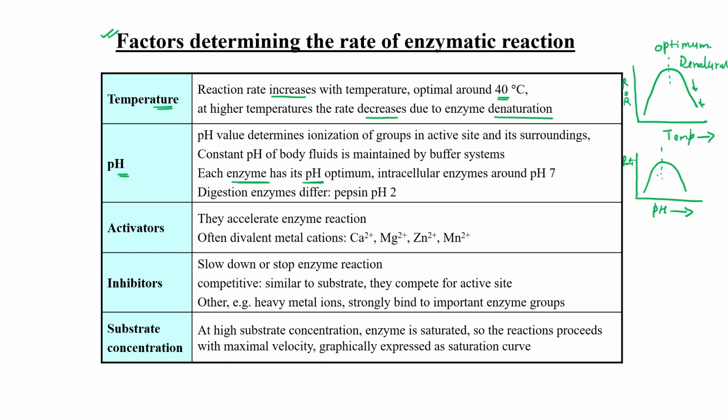Similarly, for all the biochemical activity, all the intracellular enzymes are able to perform their work at their particular pH. If this is the optimum pH, say for example 7.2 or 7.4, then after that, at 7.5, 8, 8.5, the activity decreases.